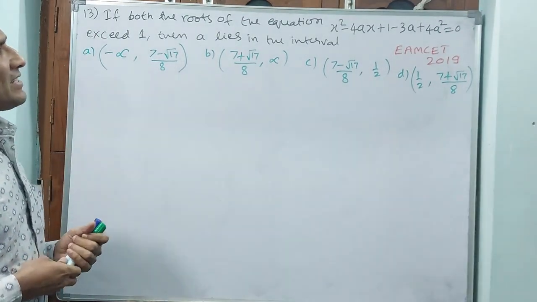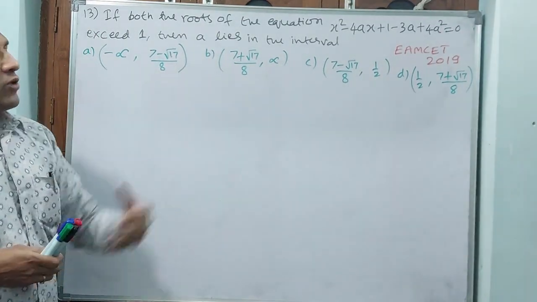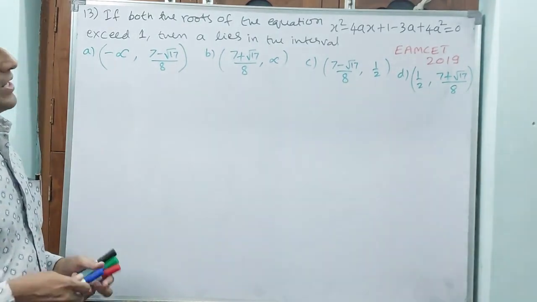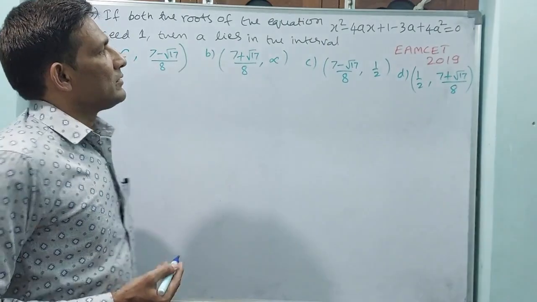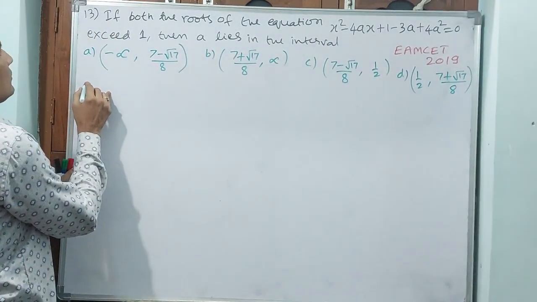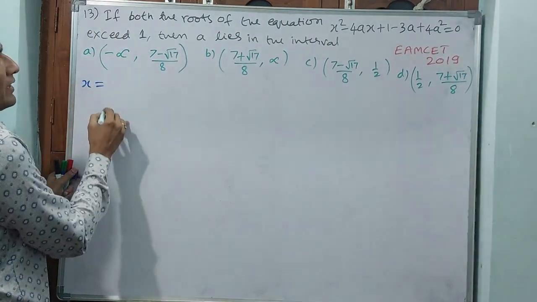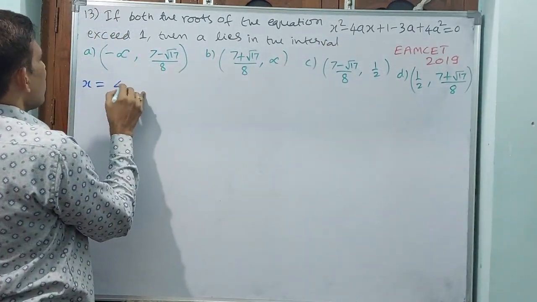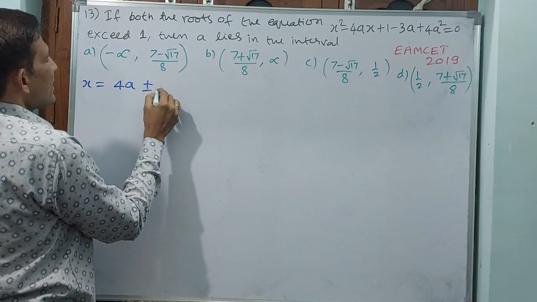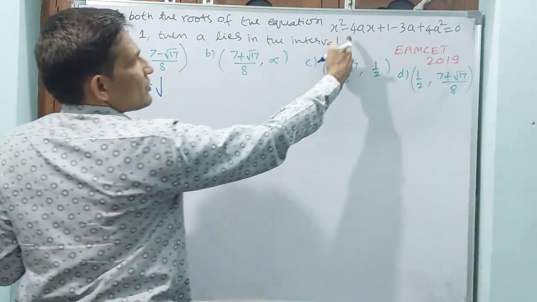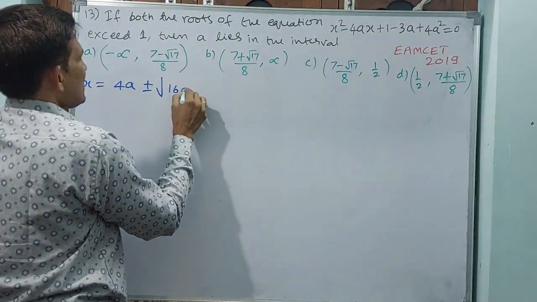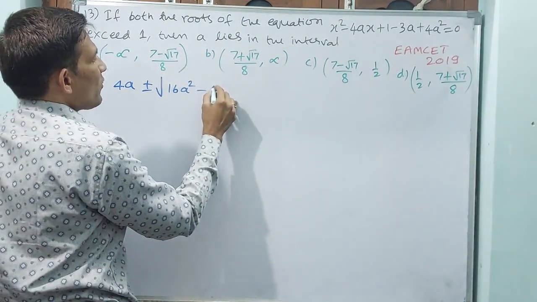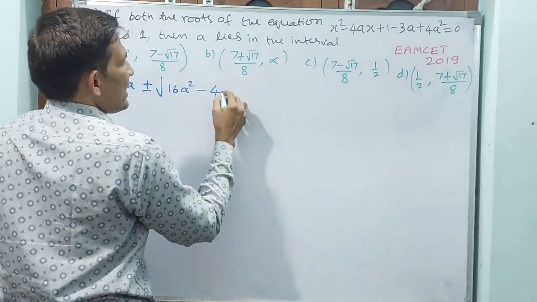Then a lies in the interval. The a value is asked, and 4 options they have given. Let us see how to find this answer. Directly you substitute in the discriminant method. x is equal to minus b, minus b means minus, already is there, 4a. Plus or minus square root of b square, b square means 16a square, minus 4ab, 4 into a is 1 only, I need not write.